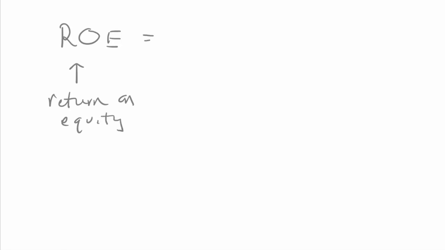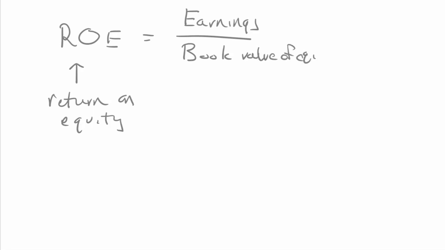Now we need one more definition, and that definition is ROE. It's called return on equity. It is also an accounting concept. It's earnings divided by the book value of equity. What it really is, it's a measure of the profitability of the firm.